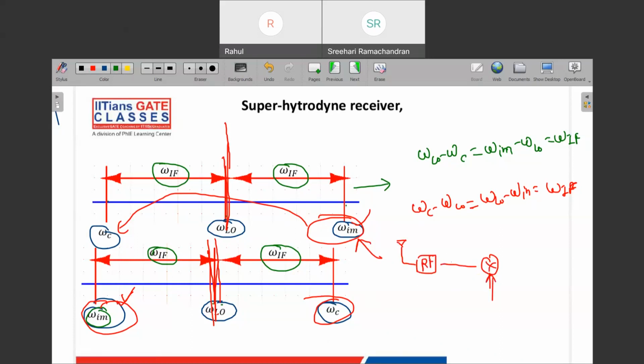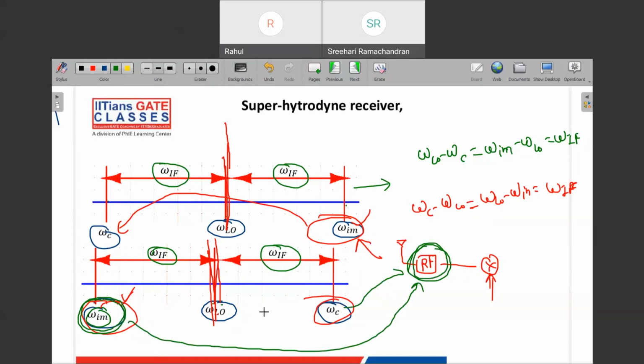Now, this RF plays a role in removing, attenuating or rejecting this image signal. So we have to design this RF in such a way that it amplifies the intended signal, but at the same time it attenuates or rejects the image signal.